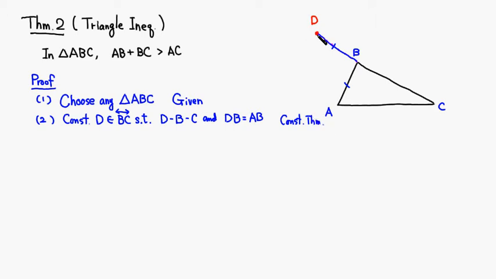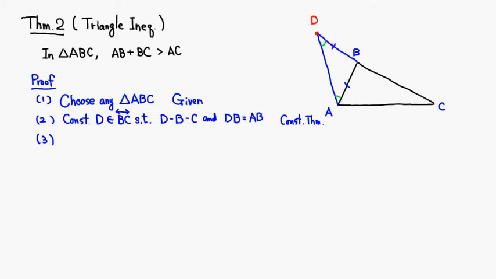Then I'm going to create a triangle here. So you can see that this is an isosceles triangle. So step 3, we can say that the angle here is congruent to the angle there.